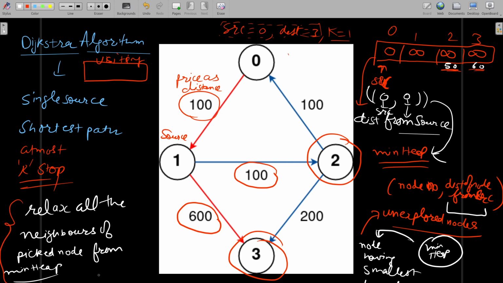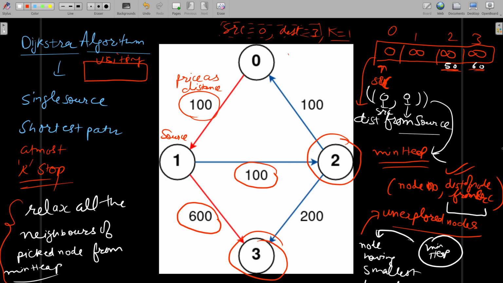By relaxing I mean that if you have a shorter distance path from source to the neighbors of the current node picked from the min heap, then you will update the distances of those neighbors, else you will keep them as they are. Okay, so this is what relaxing means. And if you update the value of a neighbor of the current node, then you will push that node into the heap.